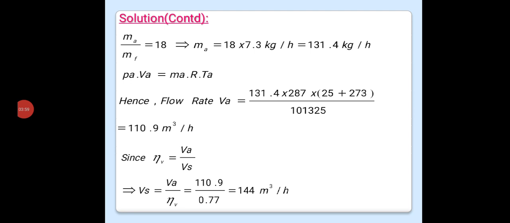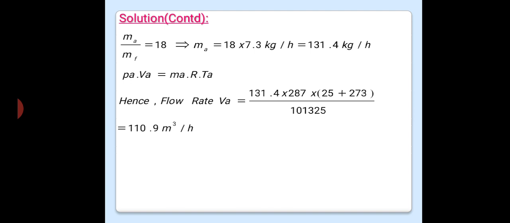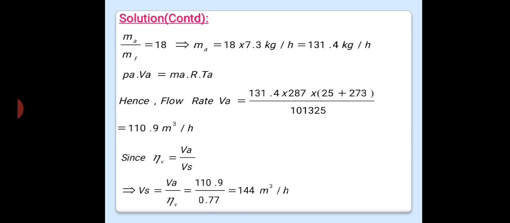Once you know the mass of fuel consumed, you can easily calculate the mass of air. So you got over here mass of air is equal to 131.4 kg per hour.